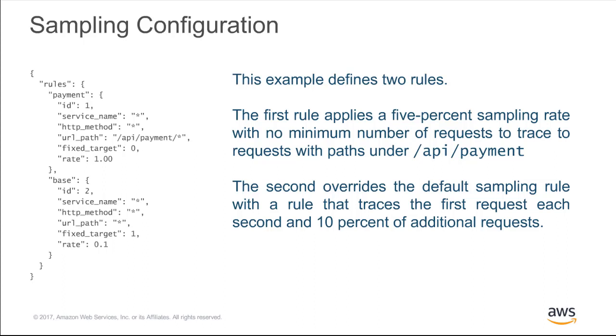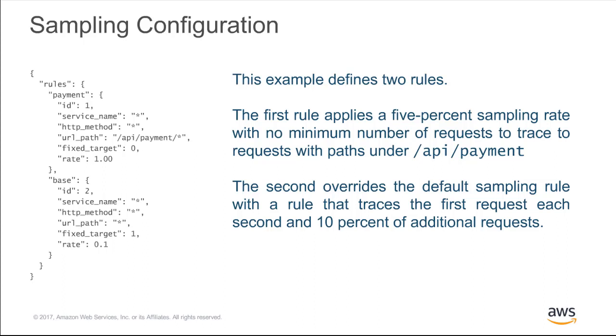And my payments API is capturing at 100%, and the text here is incorrect, so ignore the 5% sampling. That's actually not true. In this case, the rule is specifying 100% sampling because the rate is 1, and then a fixed target of 0 because since I'm capturing at 100%, I do not need a reservoir.